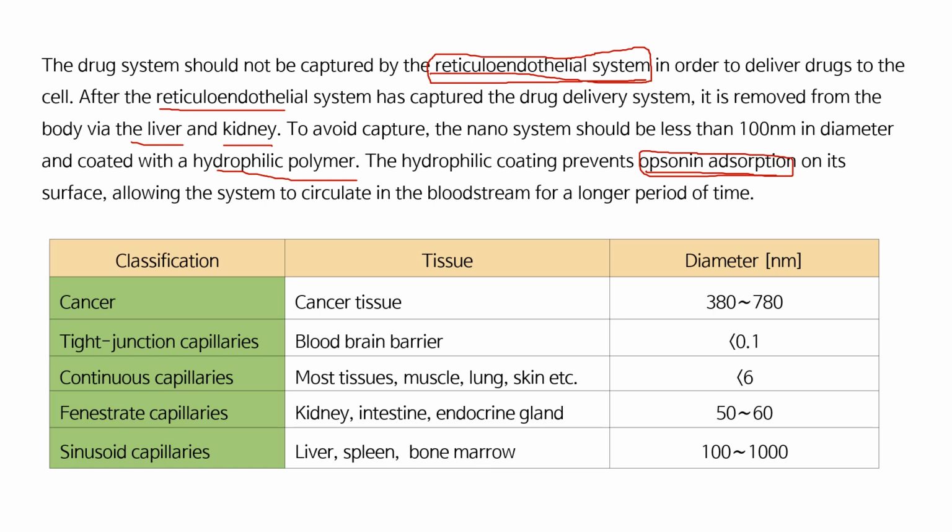We can compare the diameter of the vessels in cancer tissue and normal tissues. As can be seen, the diameter in cancer tissue is much larger than in normal tissues.